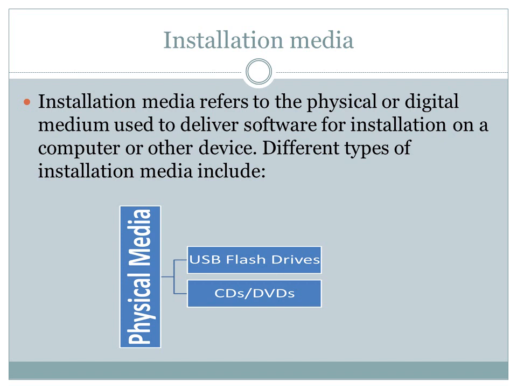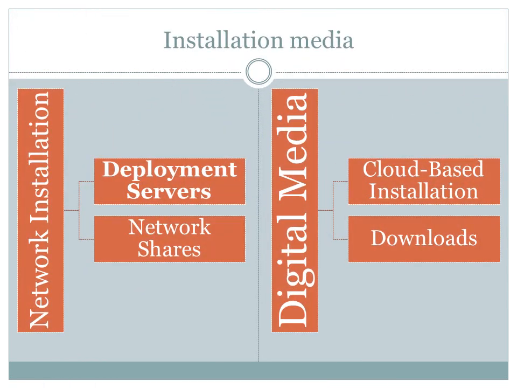We have different types of installation media. One, we have the physical media. Under physical media, we have USB flash drives, that is the universal serial bus, and we also have compact discs and DVDs. Then we have the network installation.